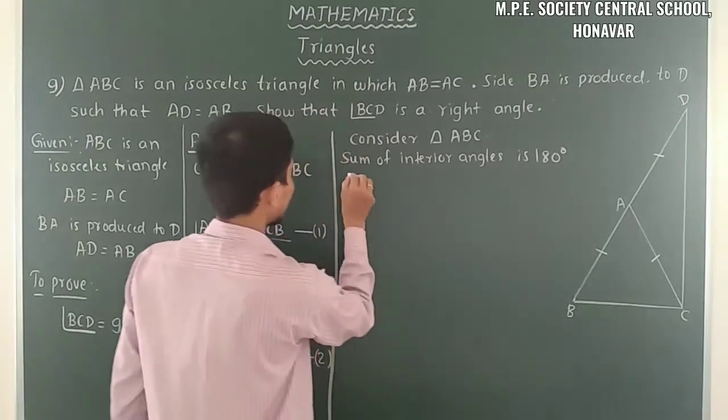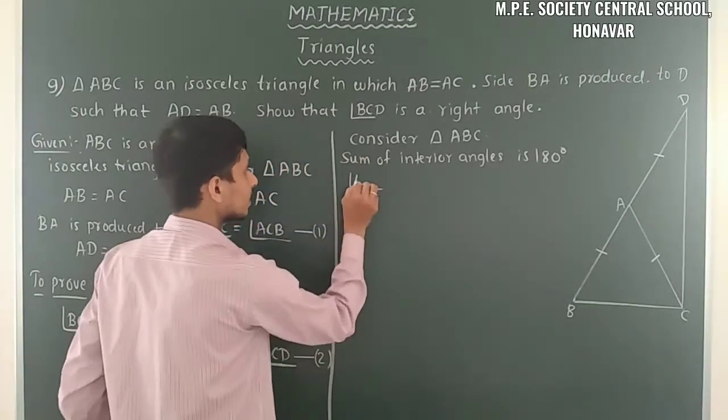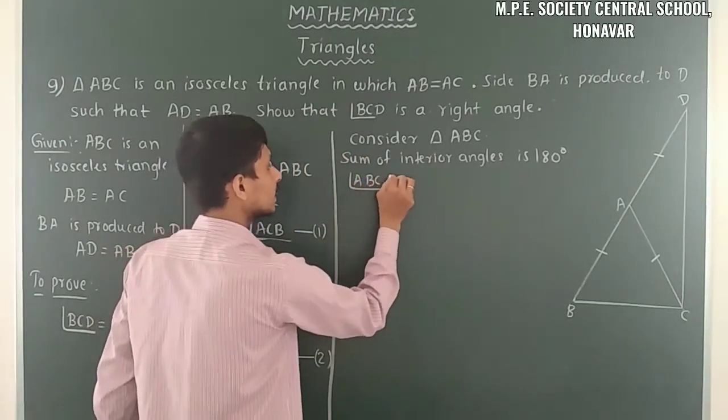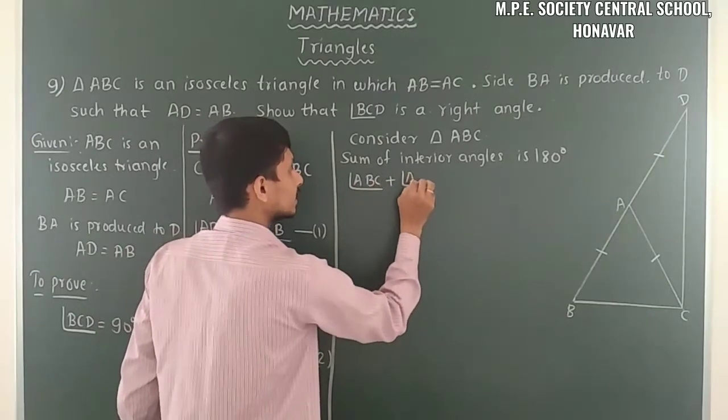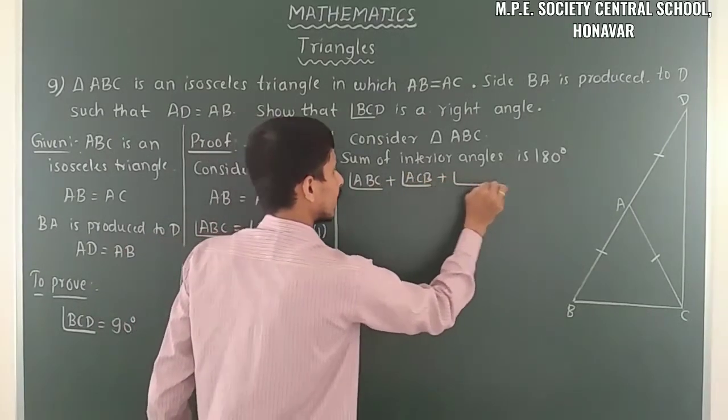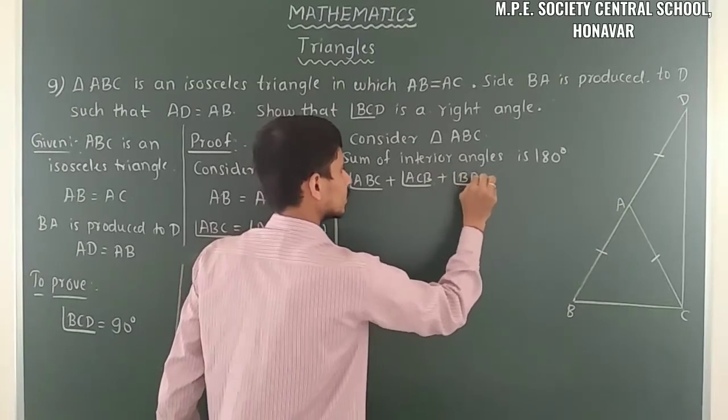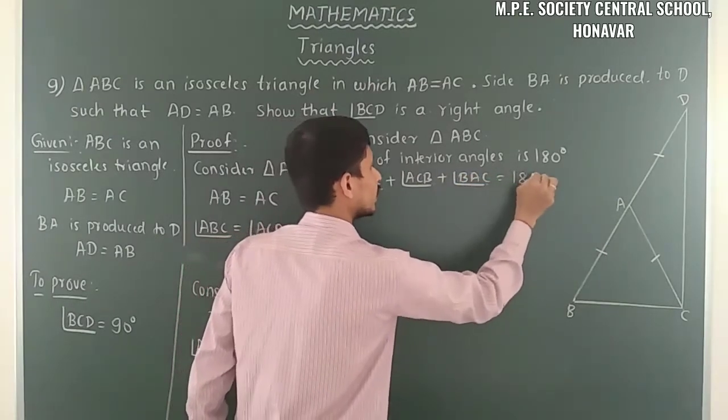Then we can take angle ABC plus angle ACB plus angle BAC is equal to 180 degrees.